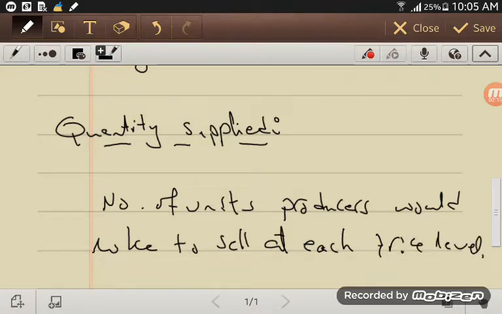This means that at price 5 I would like to sell 10 units. At price 10 I would like to sell 20 units, and so on.